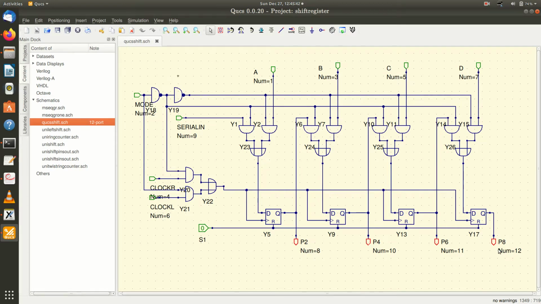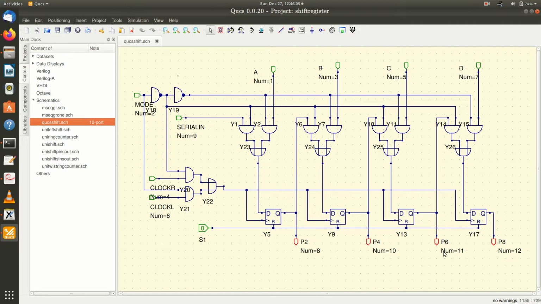Now when this mode is a 1, this line is active and parallel inputs are activated. The left AND gates are disabled. The parallel inputs appear at the D inputs, and now I have my left clock. So once a clock is there, these outputs will be available at the parallel ports.